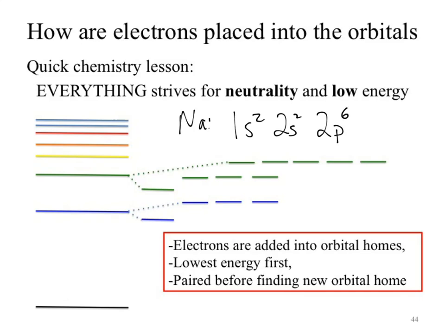We're moving through the column, and then 3s1. Right? What if we jump to argon? So 1s2, 2s2, 2p6, 3s2, 3p6. We now have argon.